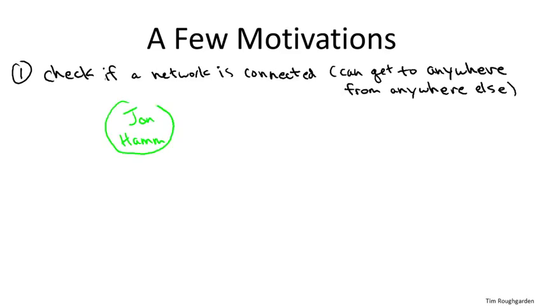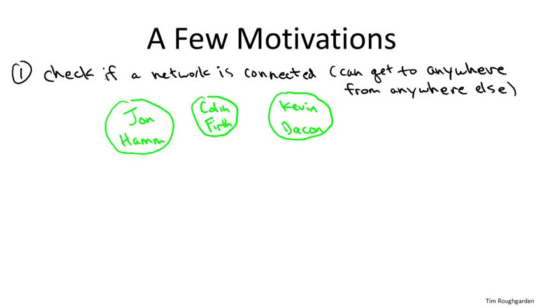So for example, you could ask about Jon Hamm, also known as Don Draper from Mad Men, and you could ask how many edges do you need on a path through the movie graph to get to Kevin Bacon, and it turns out that the answer is two edges.